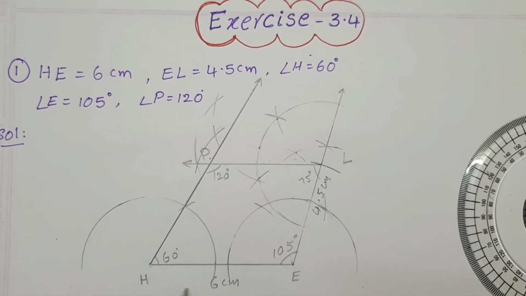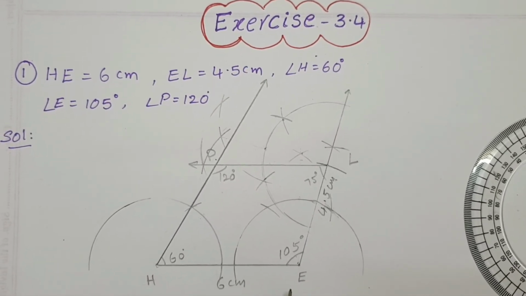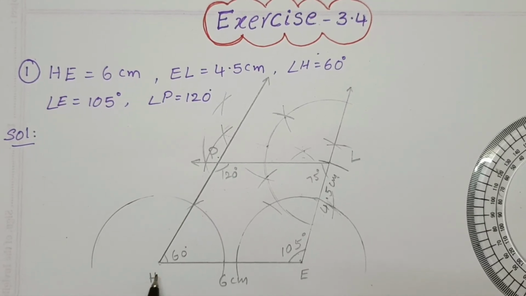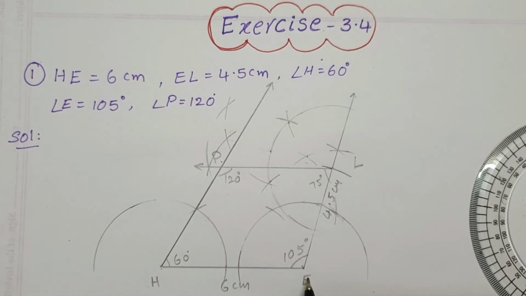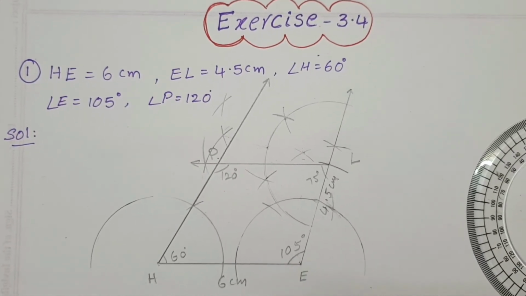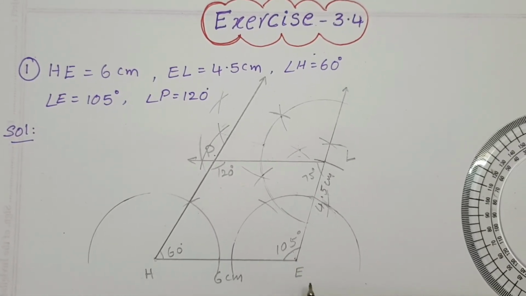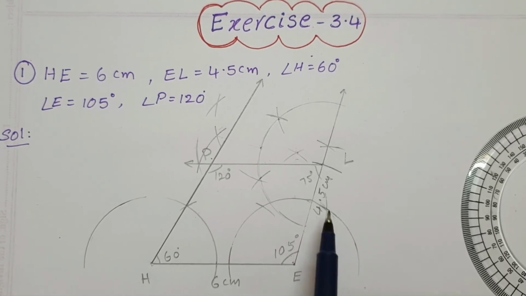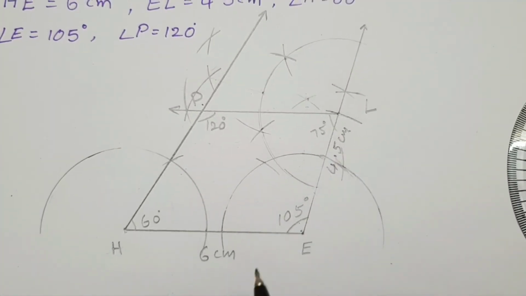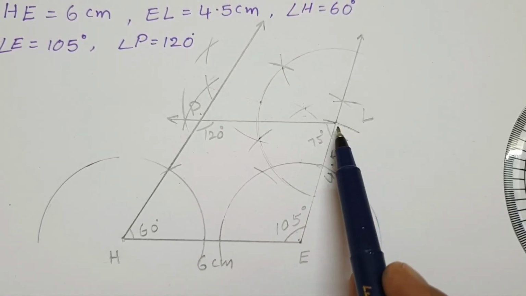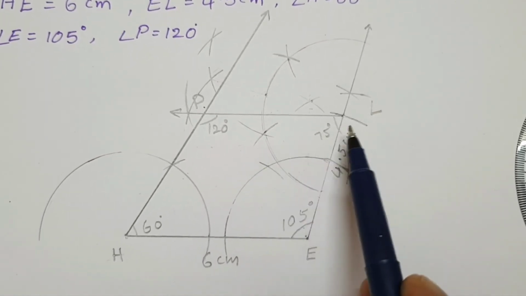Steps of construction. Draw a line segment HE equal to 6 centimeters. Angle H equal to 60 degrees. Next, angle E equal to 105 degrees. Another point, with E as center, 4.5 centimeters as radius, draw an arc. Next point, angle L equal to 75 degrees.